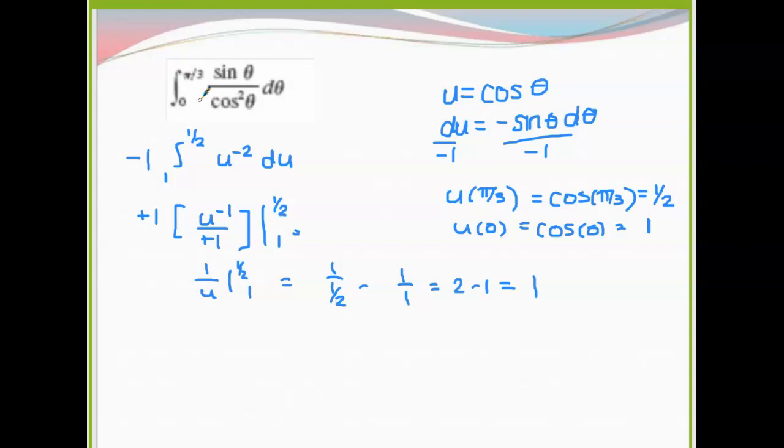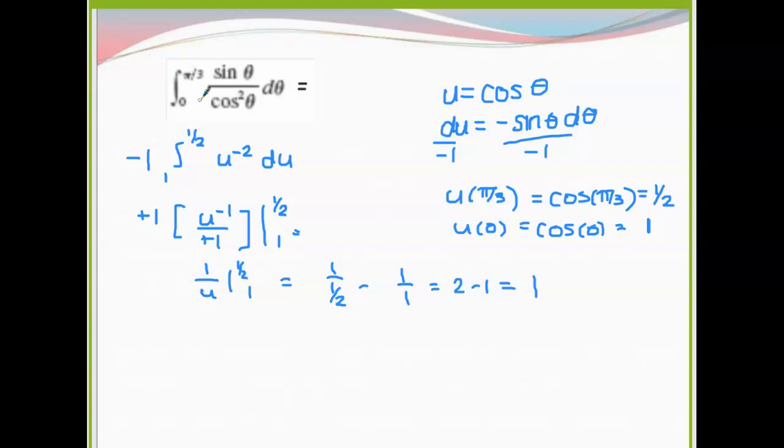Now, you didn't have to do this problem with a u. What could you have done? So again, we know that there's multiple ways to do everything. In the past, when we had chain rule, we said you could also FOIL. Sine over cosine is tangent, 1 over cosine is secant.